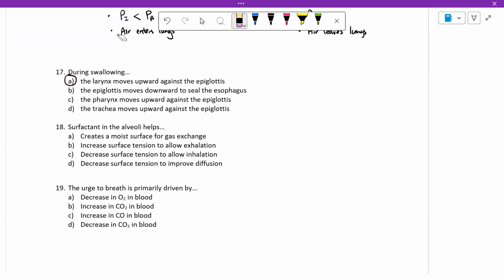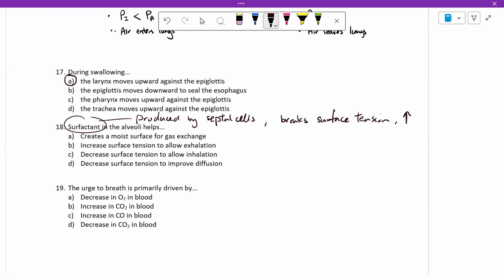Surfactant in the alveoli, that's the stuff that is produced by septal cells, and it basically breaks surface tension and increases compliance.